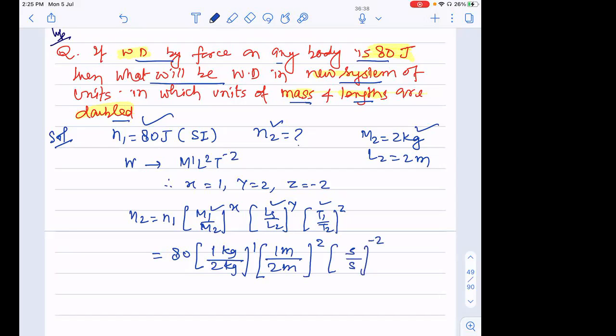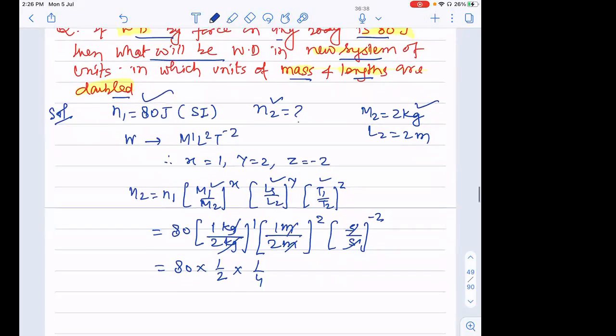So that is minus 2, that remains always 1. Now you put it, 80. Simplify it, 1 by 2 kg, kg will go, power is 1. Here meter, meter will go, power is 2. 1 by 2 to the power 2 is 1 by 4. All right. If you simplify, answer coming is 10 in new unit, new system of unit which is imaginary.